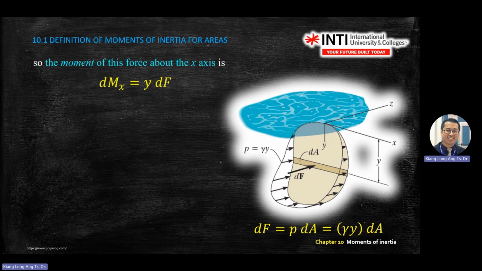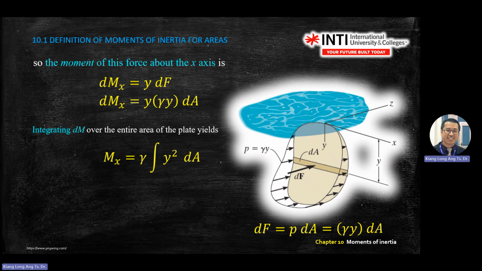Okay. So you know moment? Moment is force multiplied by perpendicular distance, F multiplied by d. If you take the reference point here, and we have a force that goes perpendicular to the surface, F multiplied by the perpendicular distance, you get the moment at this point. So F times y equals the moment at the x-axis. Then you put in the force equation just now: force equals pressure multiplied by area.